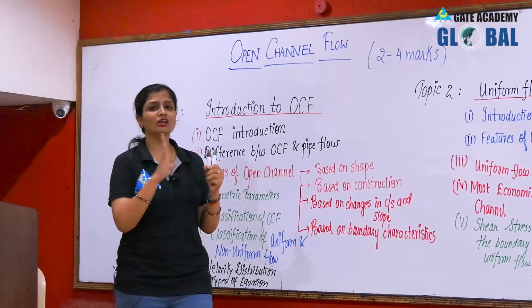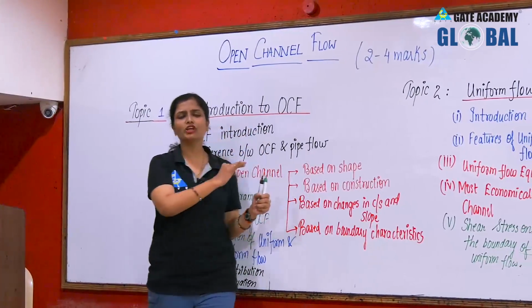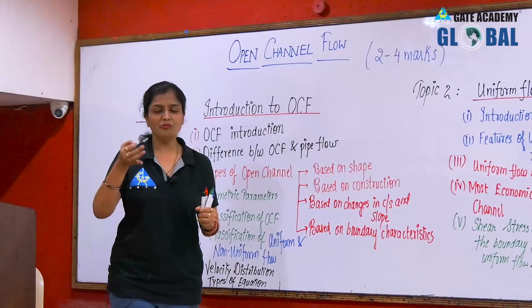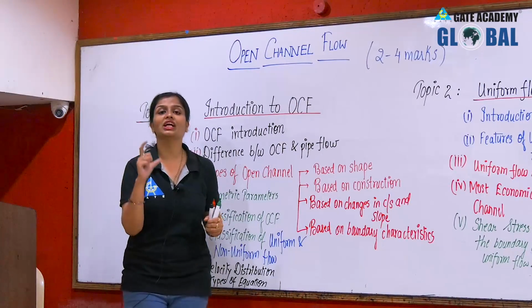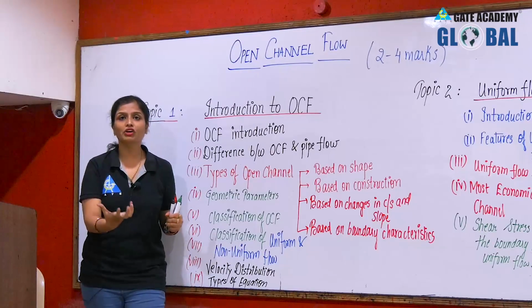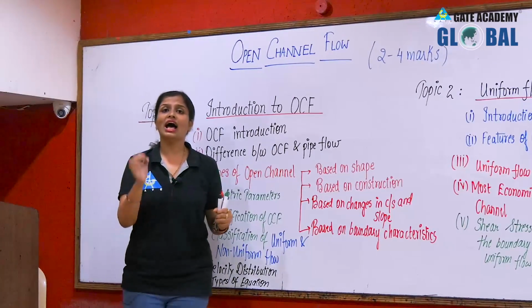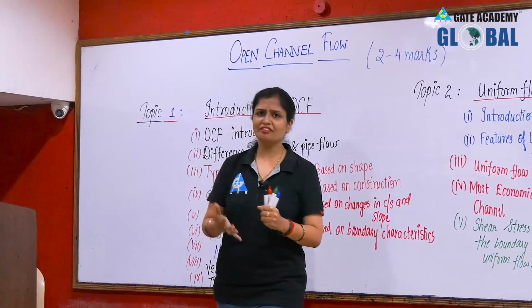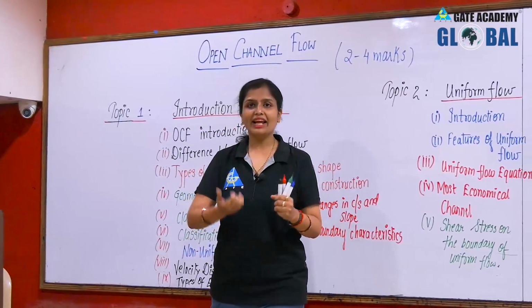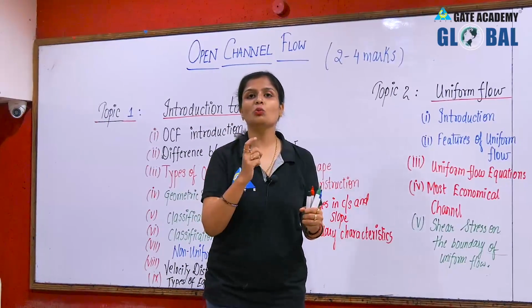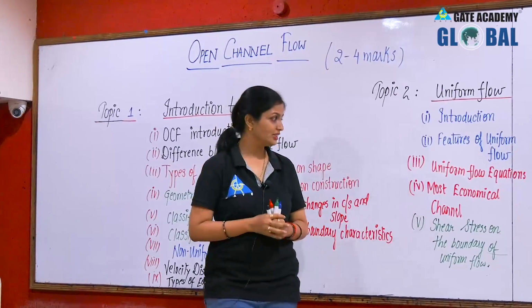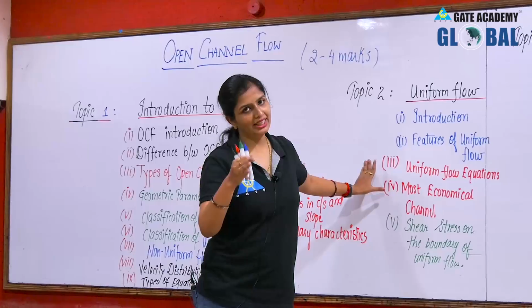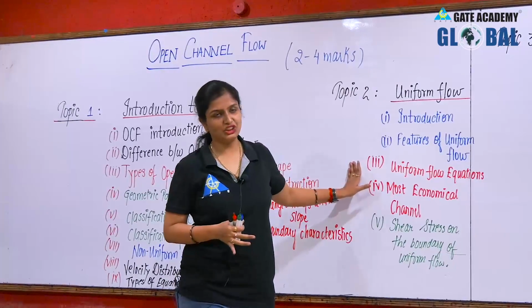So for all these reasons, whenever we study any topic in open channel flow, what we are very much interested in is the numerical value, the quantity of flow, the amount of flow, and for that reason we do mathematical calculations and derivations, so that at the end we can get a numerical value for designing purposes. So from uniform flow equations we can get the depth or we can design a section.